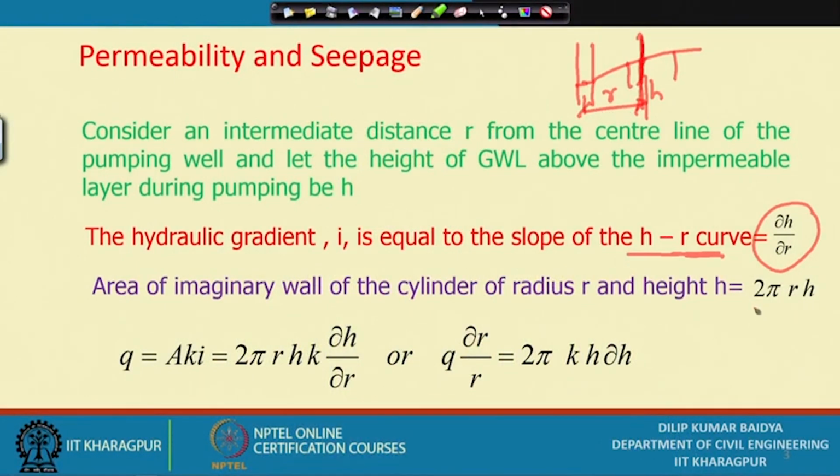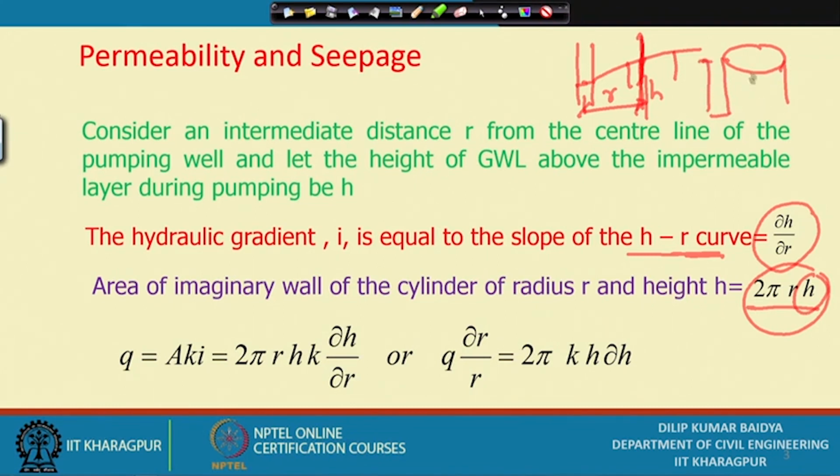That area is 2 pi r, the periphery, and if you multiply by h, we get the vertical cylindrical surface. So, it is something like this: this is h and this is 2 pi r.